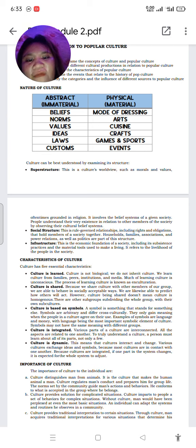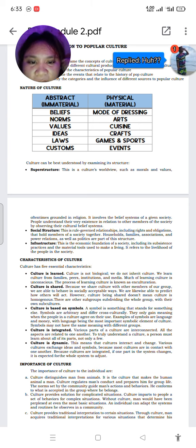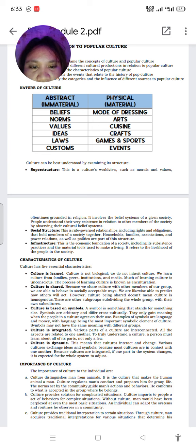People understand their very existence in relation to other members of the society by observing their cultural beliefs system.